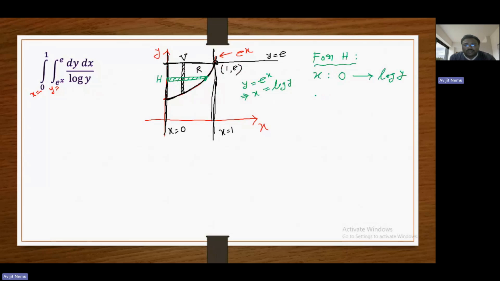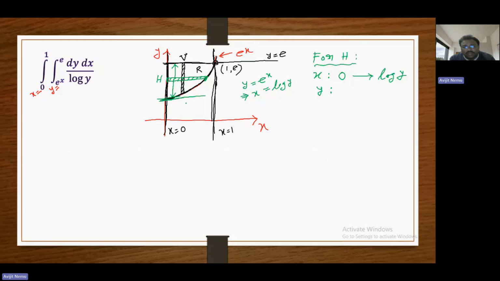Okay, now we have to consider the range for y. How can we consider the range for y? The target is simple. We have to traverse the region R with the help of the horizontal strip. If I move this horizontal strip downwards as well as upwards, moving along the y-axis in the downward sense, we can reach up to the line y equal to 1.